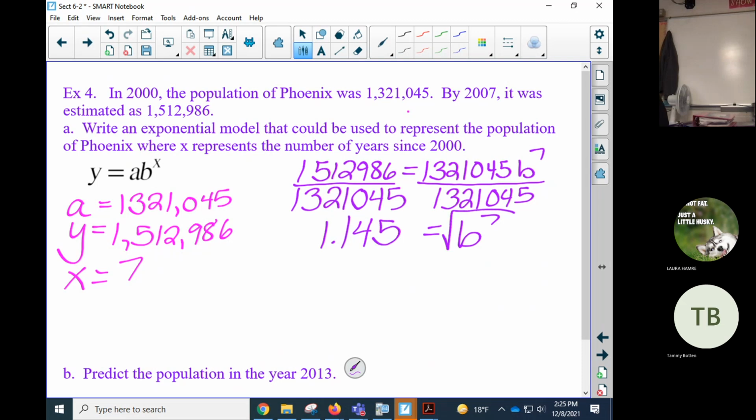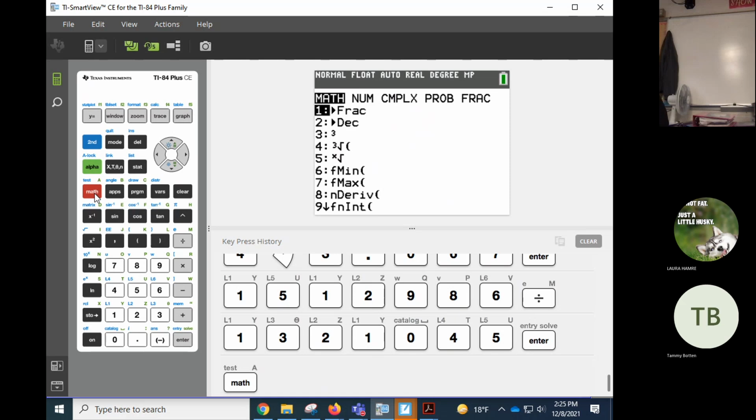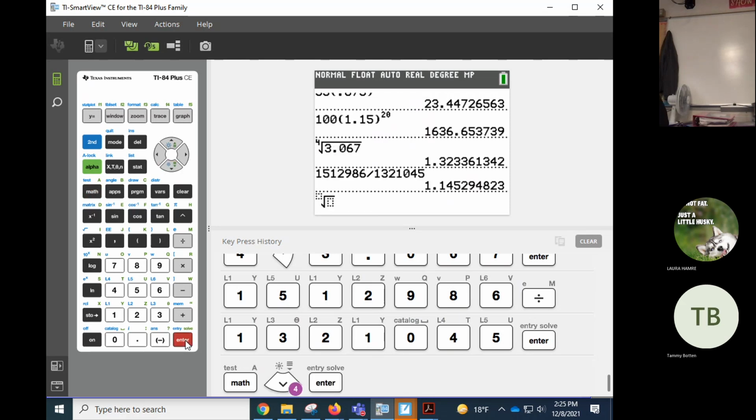What root would I have to take this to? The 7th. So I'll show you how you could do that. Those of you that have the black calculators, you'd have to put in a 7 first, and then you would go math down to number 5, enter, and we're taking the 7th root.